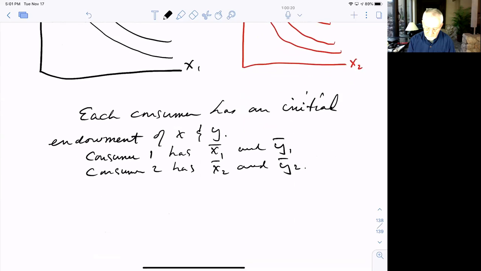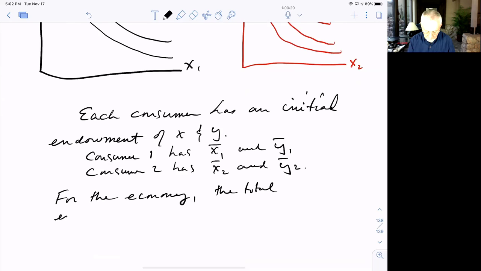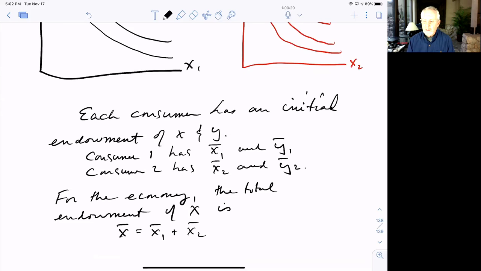Now what that means is for the economy, the total endowment of X is, well, it's going to be X bar, and that will be the sum of our two individuals' endowments.